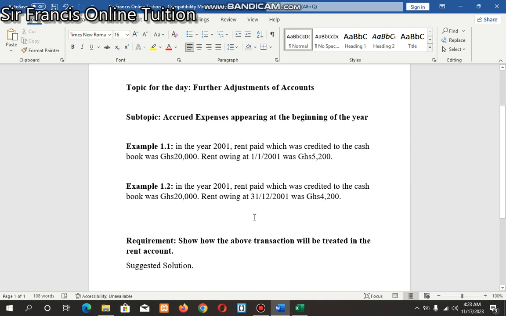So for this example, the total rent for the year 2001 was 24,200, but the business has made payment for only 20,000, and so the remaining 4,200 is appearing at the end of the year. How do you treat it? If you want to get the right figure for rent, you have to add this 4,200 to the 20,000 that they've paid to get the total expenses for rent.